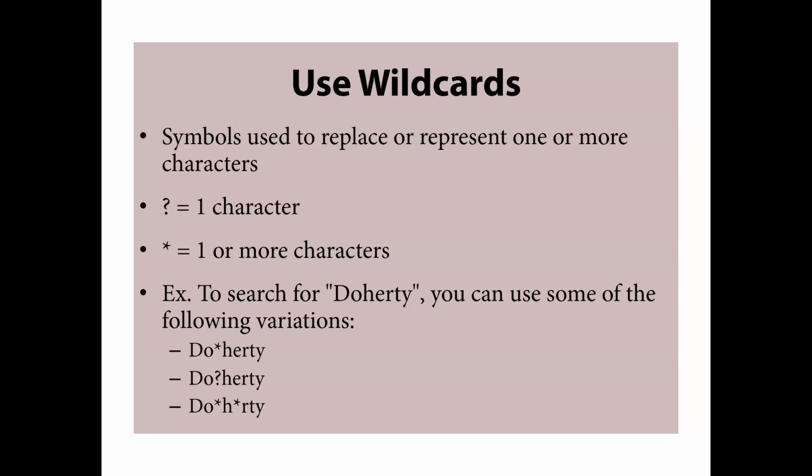So if I wanted to search, for example, my maiden name, which is Doherty, I may want to look at different spellings that could come up. It could be Doherty, like I have it here. I've seen it as Dougherty. I've seen it as Docherty.